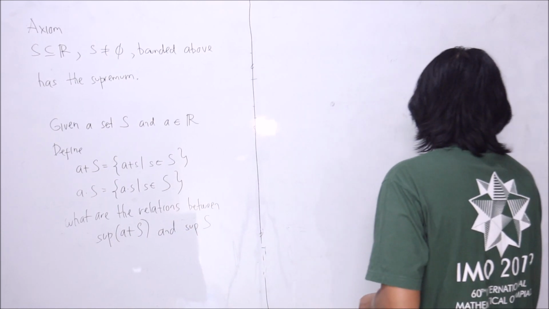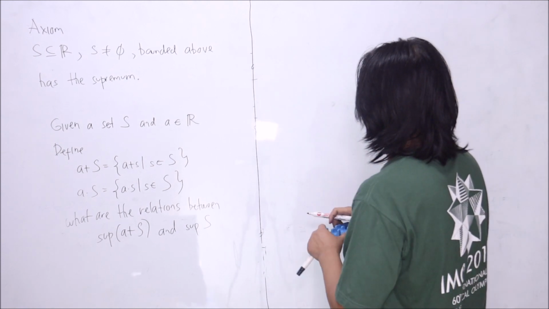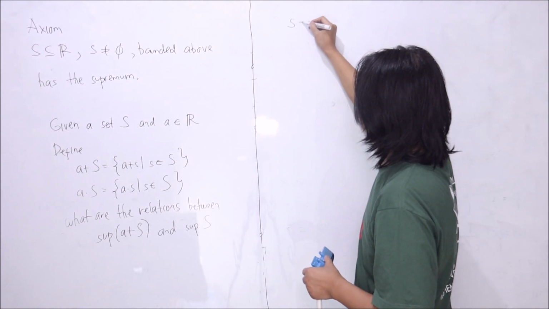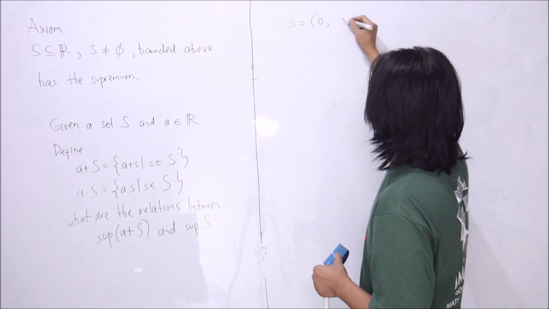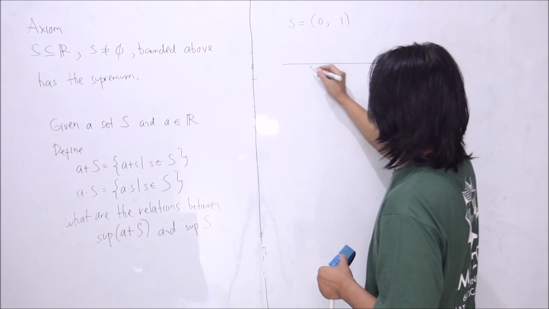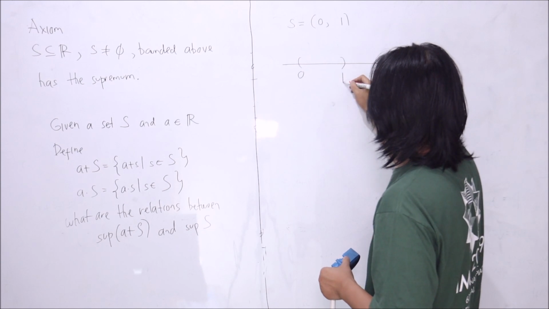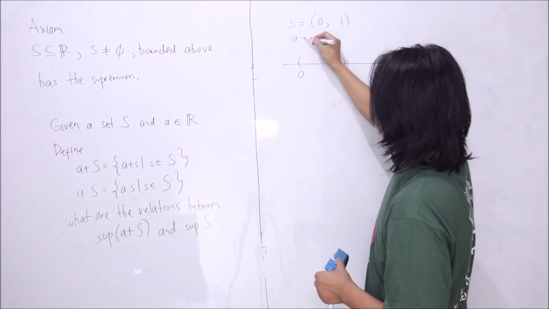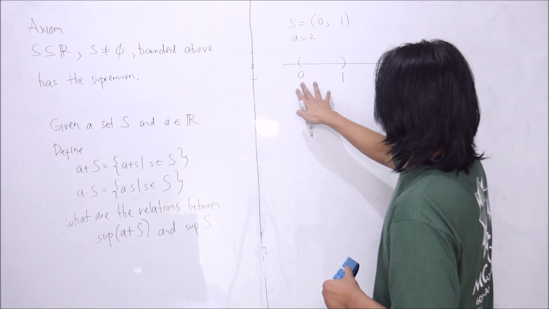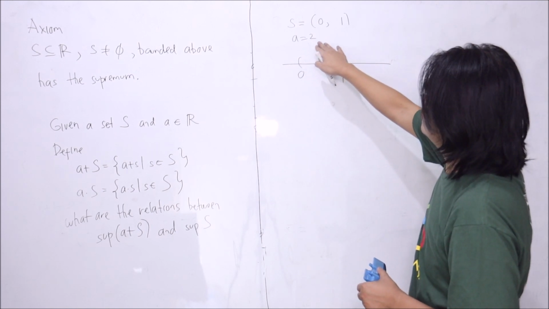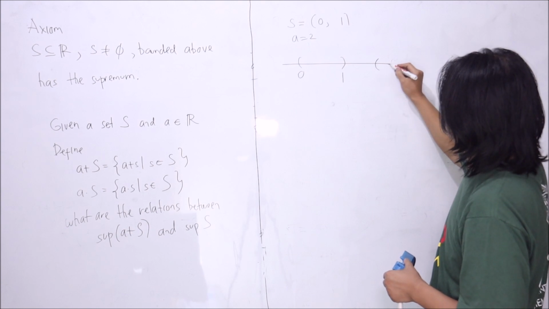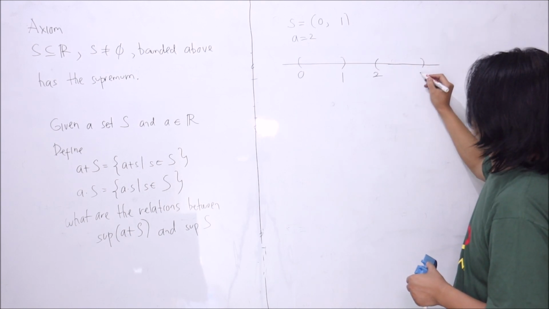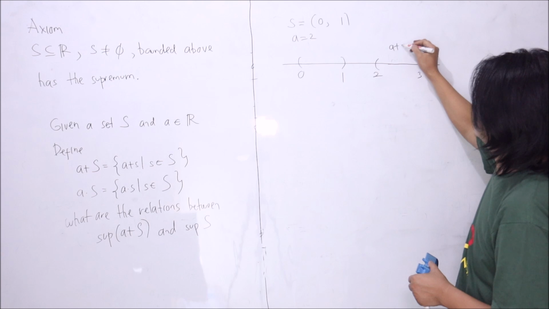Okay? So let's say that our S is, let's say, the interval from 0 to 1. And then if we take A equals 2, then this interval, by adding 2 to each of these points, will become the new interval 2, 3. So this is A plus S, right?